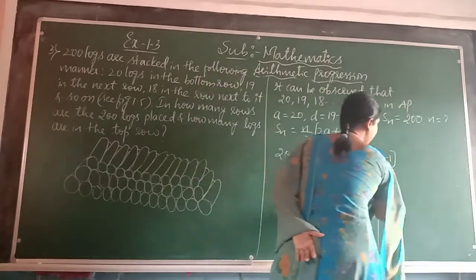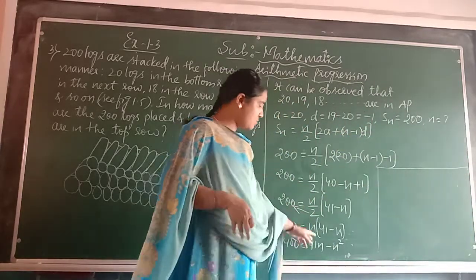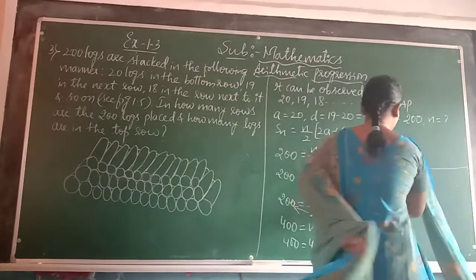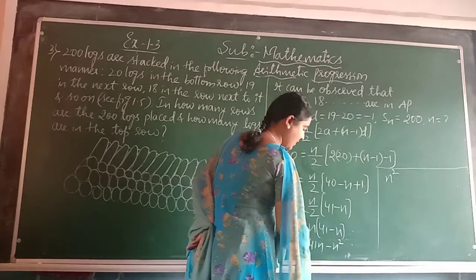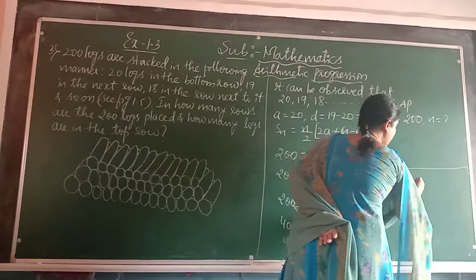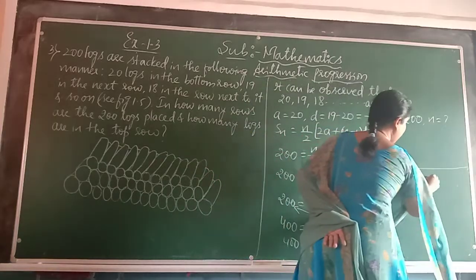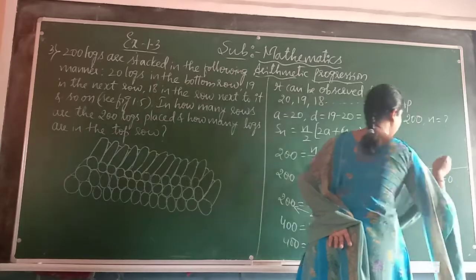Now rearrange it, transpose these two terms to this side, that is minus n square becomes plus n square, plus 41n becomes minus 41n, and here plus 400 only is there, keep it as it is, equal to 0.